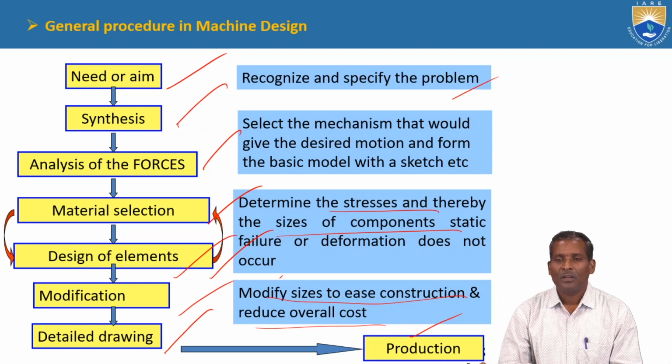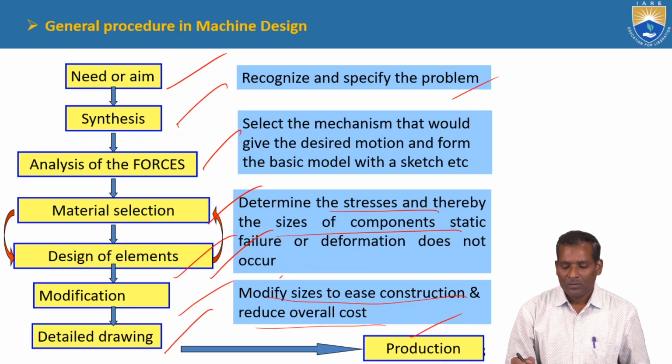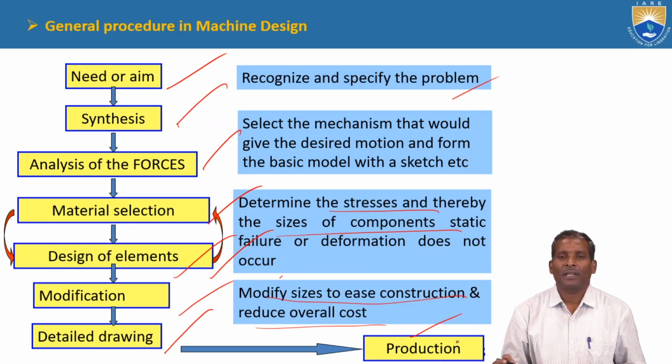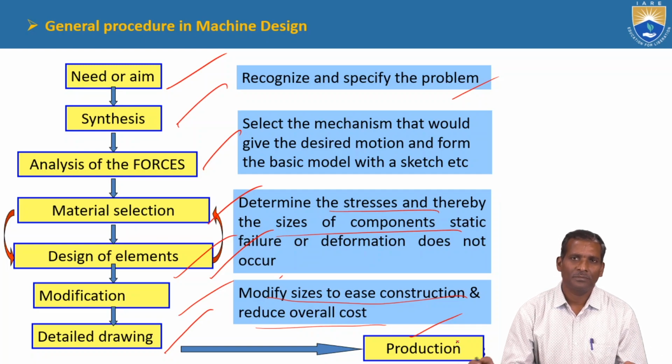After production, the components are released into the market, and after 1 or 2 years of release, again conduct a survey for feedback from the customers. Then modify again if there are any changes or extra requirements, and apply this procedure.